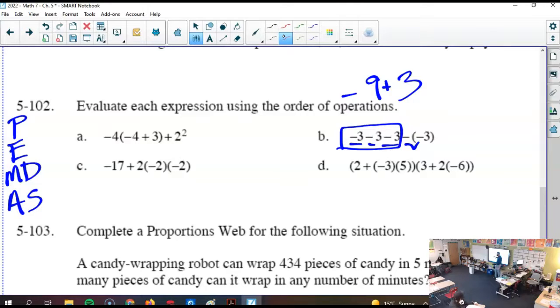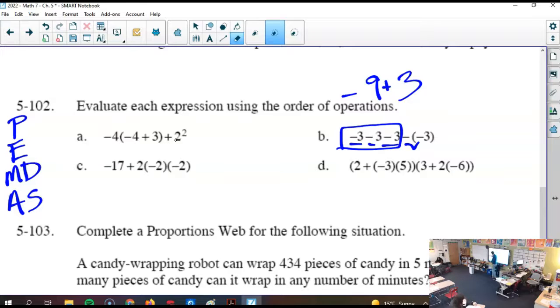This counts as what? Multiplication, because there's nothing to do inside the parentheses. So remember, this is exponents. The little numbers are exponents. If you need help with that, come see me. But in C, there are no parentheses that need done. There are no exponents at all.